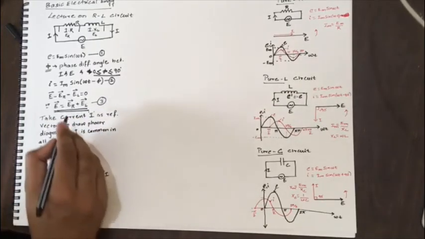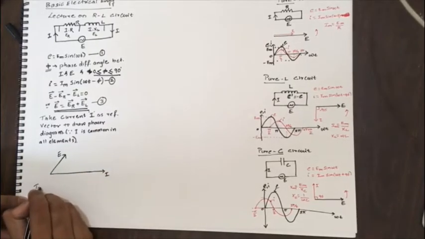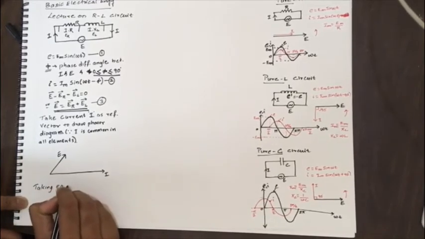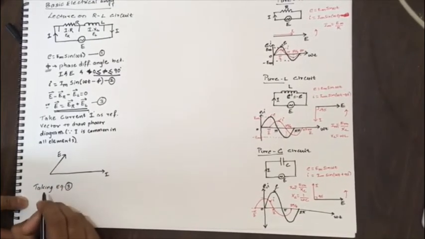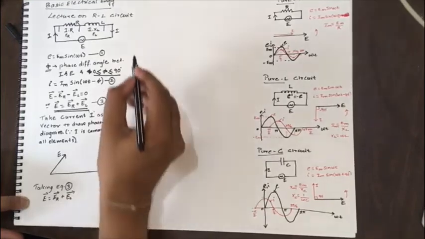Taking equation 3, E is equal to ER vector plus EL vector.